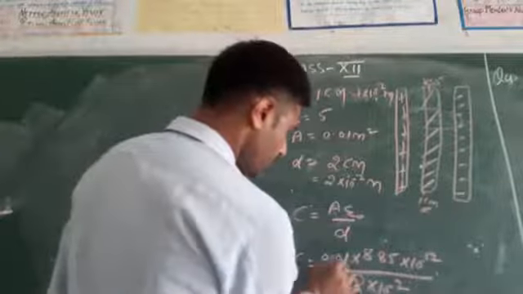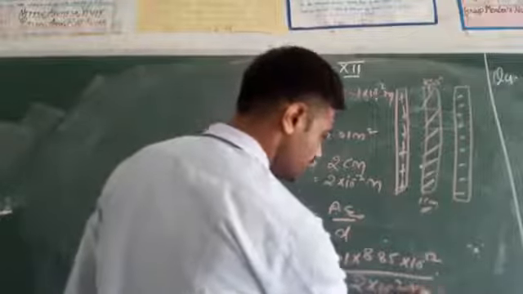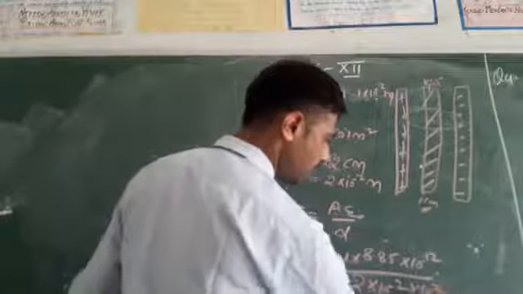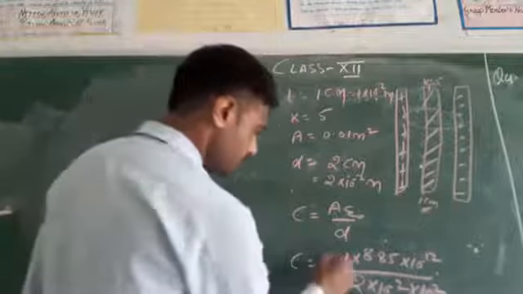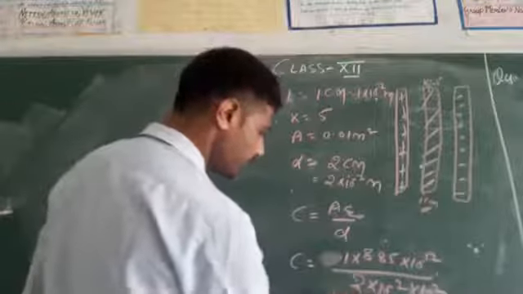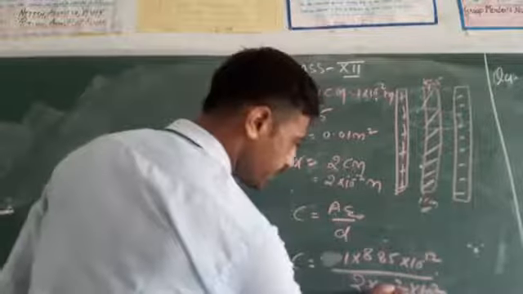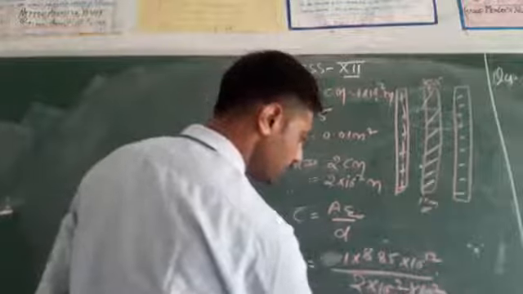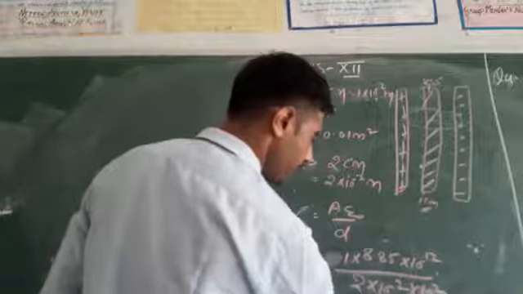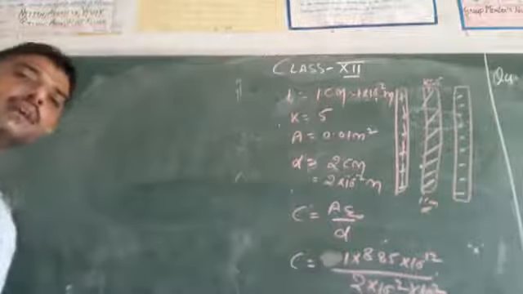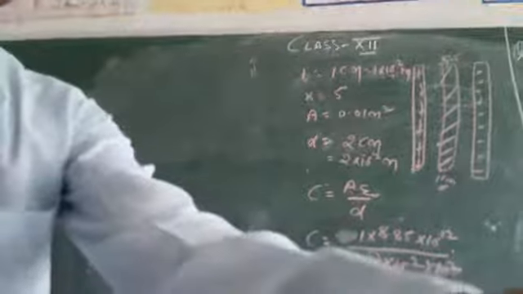Removing the decimal point, this becomes 100, which is 10 to the power 2, so this becomes 1. Then 8.85 divided by 2 is 4.425, and the powers minus 2 and plus 2 cancel, so it is 4.425 into 10 to the power minus 12 farad. Farad is the unit of capacitance. So this is the value of capacitance when there is no slab between the plates.